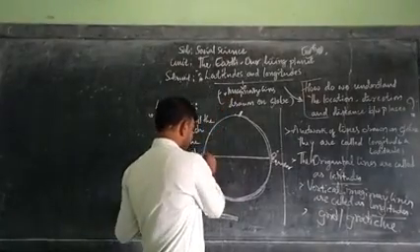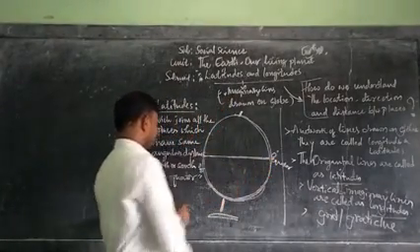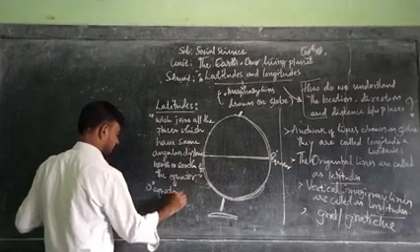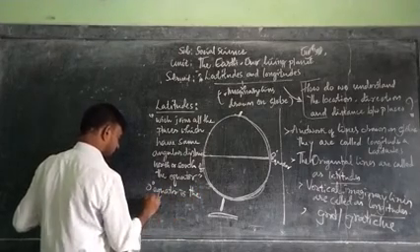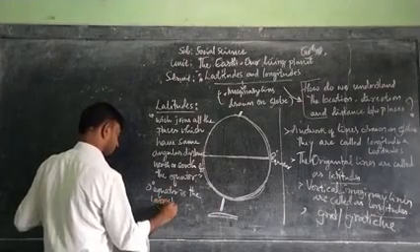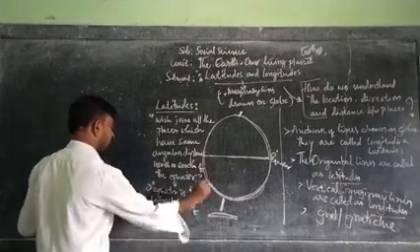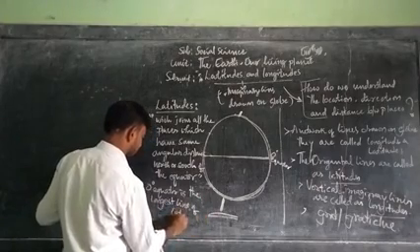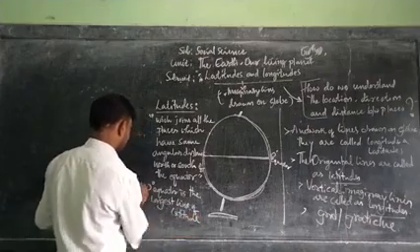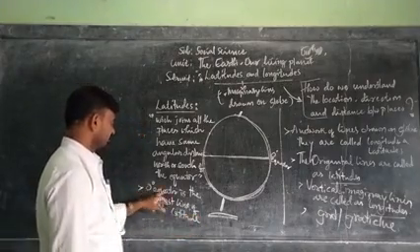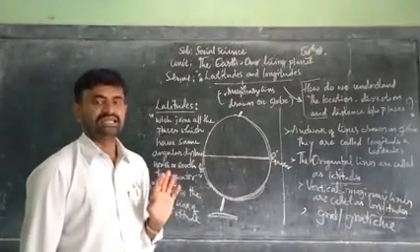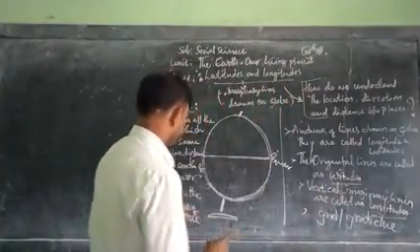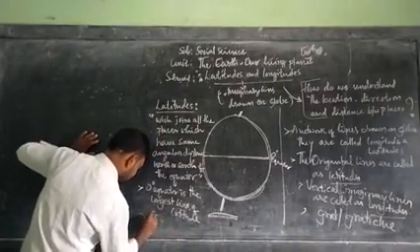The 0 degree equator is the longest line of latitude, and it is known as the great circle.